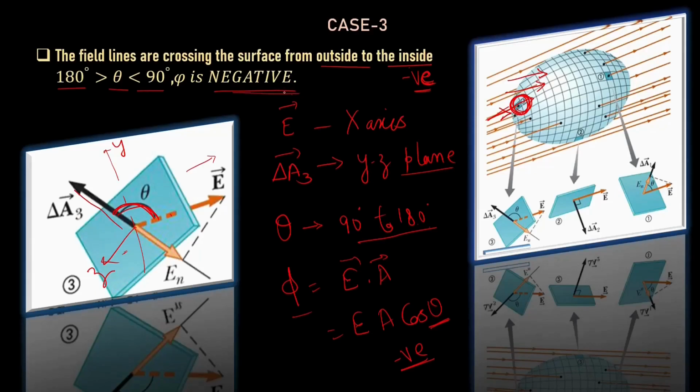This is an important key point. In this situation, the field lines are crossing from outside to inside. In area element 1, the field lines are passing from inside to outside, and for the second element they are just grazing the surface. So these are the different situations we have to deal with.